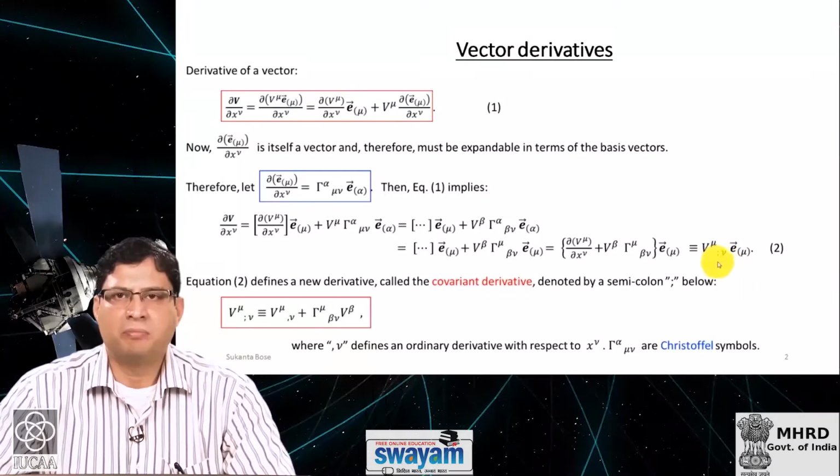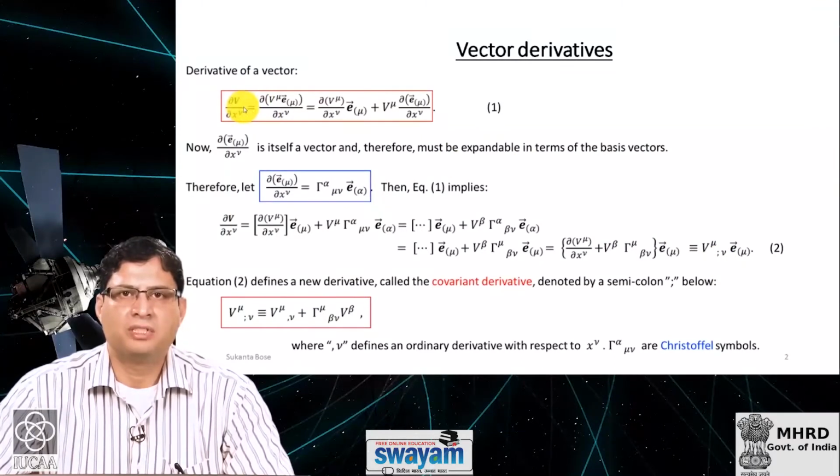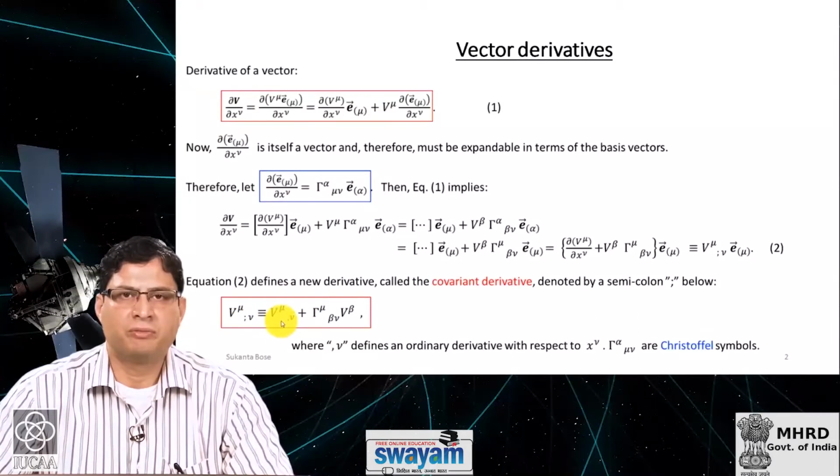This is an important quantity required to define the spacetime derivative of any vector, which is why we rewrite it again in this red box: the covariant derivative of v mu with respect to x nu is equal to the ordinary derivative of the same vector components v mu with respect to x nu, and the comma here denotes an ordinary derivative, plus this interesting term which is the contraction of the Christoffel symbols with the vector components. Here again we have summed over the beta index across all four spacetime indices.